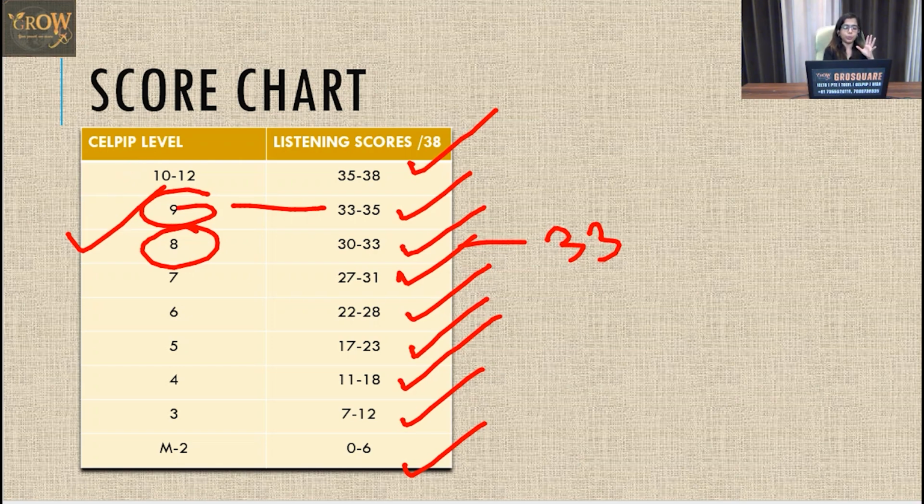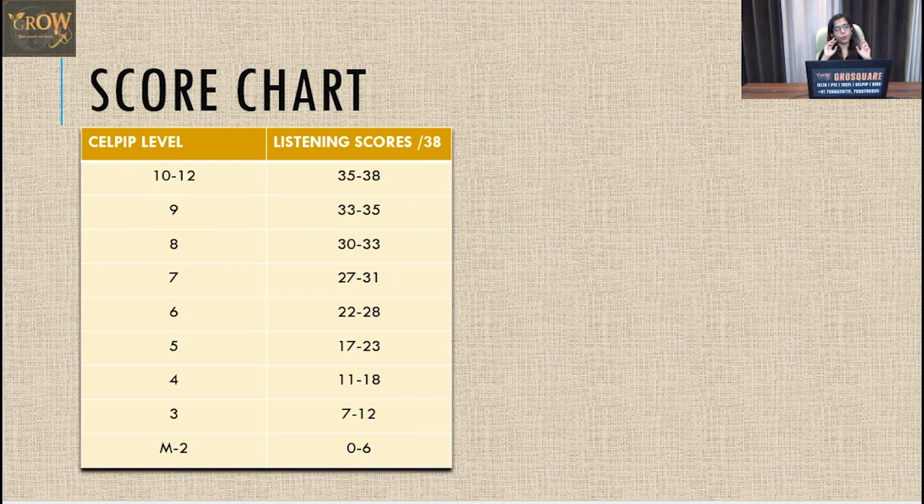So what I told you till now is that parts 4, 5 and 6 carry much more weightage than parts 1, 2, 3, right? So let's suppose you have scored 35, like 35 of your questions are correct, but the condition is that most of your correct questions are from parts 1 to 3, then you would be getting score 9.